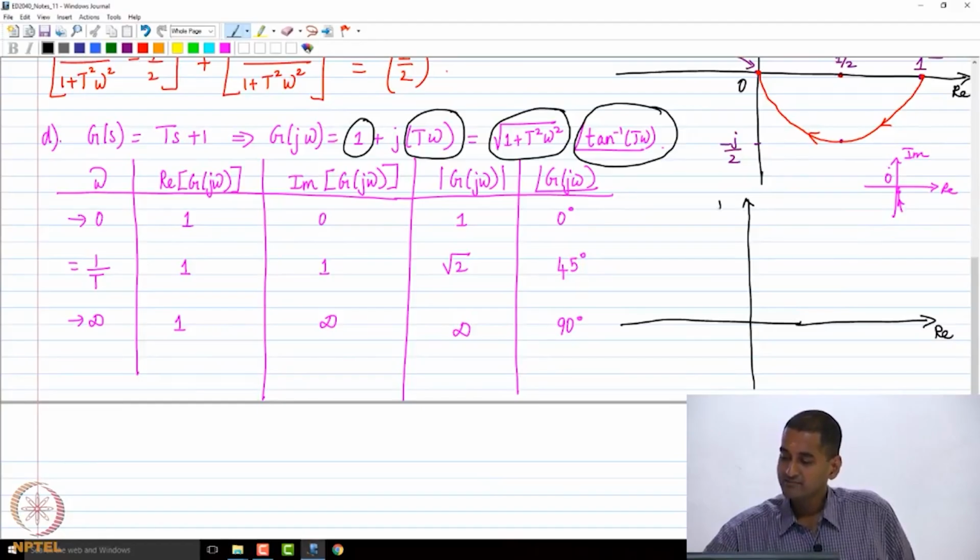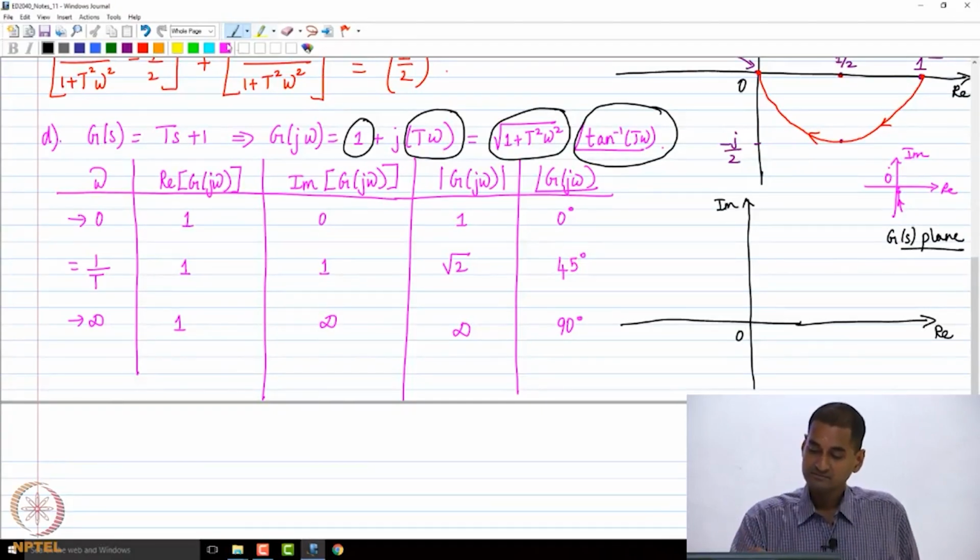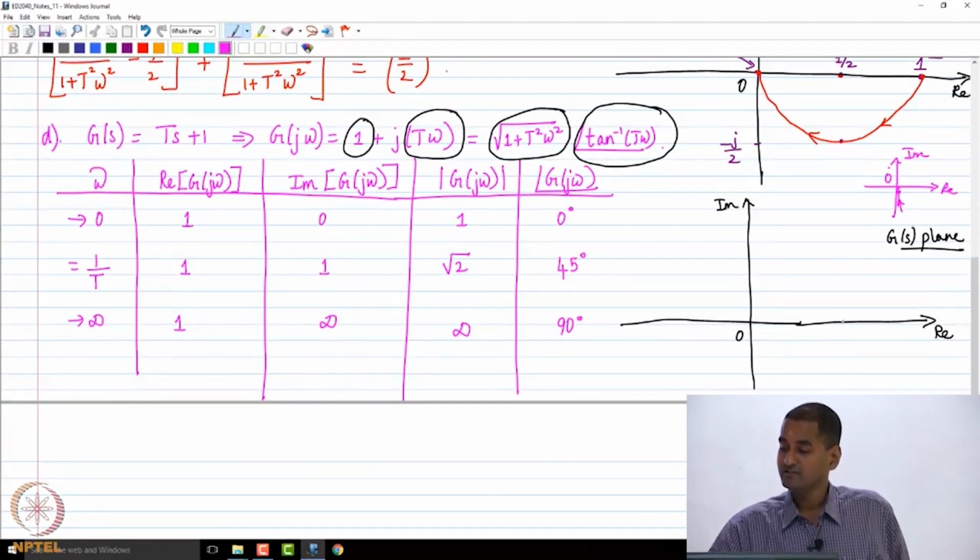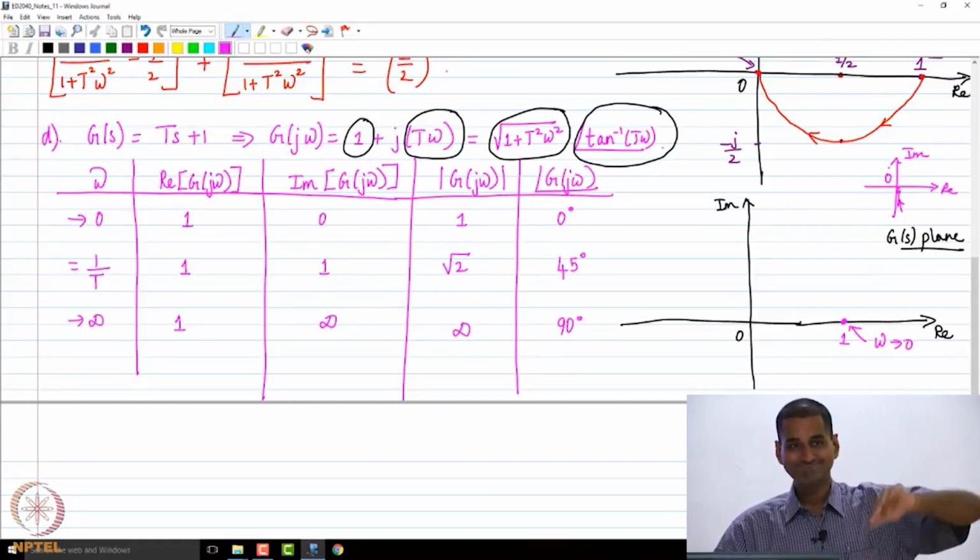Now if I plot the real part versus the imaginary part in the G of S plane, what are we going to get? At omega equals 0, let us say we start from 1. Please note that the real part is always 1.